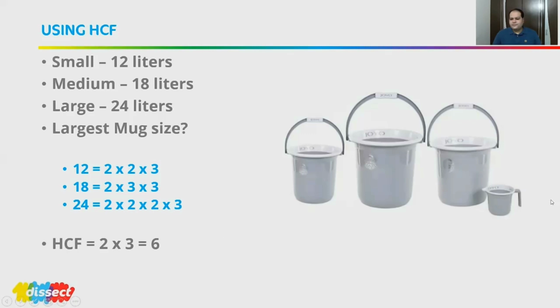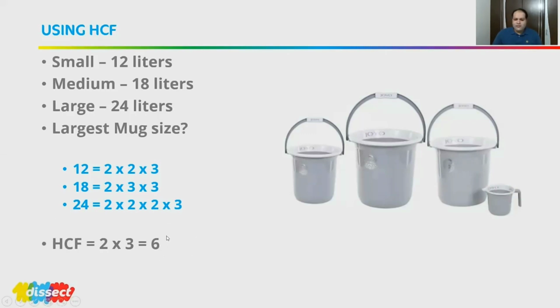So what does it mean? You can have a mug size of 6 liters to fill all these buckets. That way you will have to pour the least number of times, and you can pour without filling it halfway. If you fill it full, then also you will be able to fill these buckets. Let's cross check that.